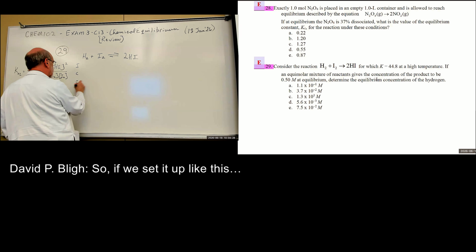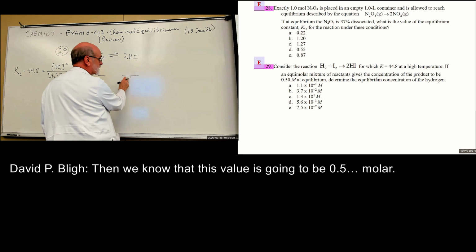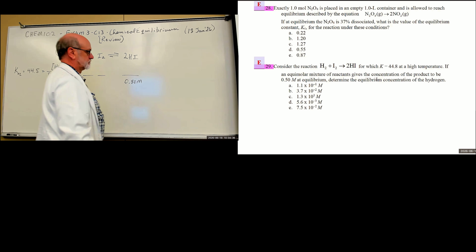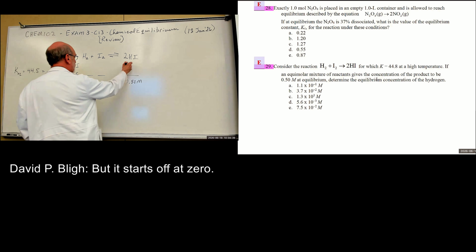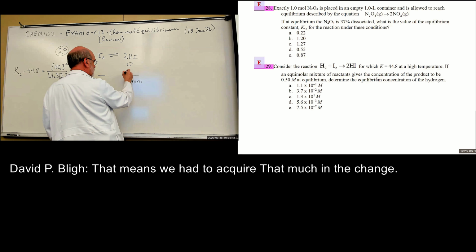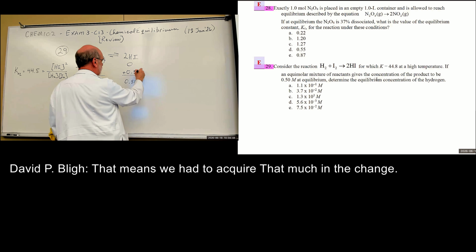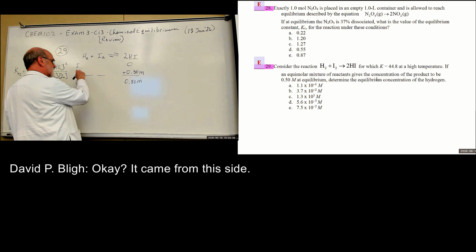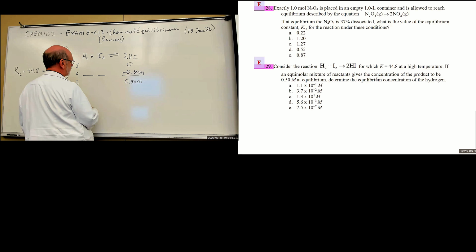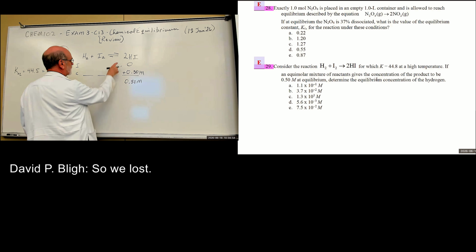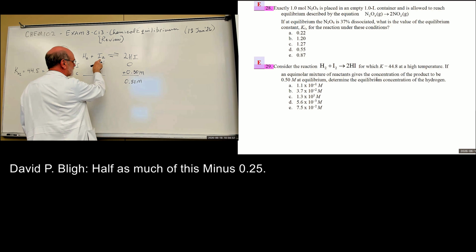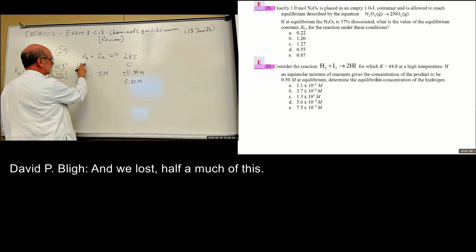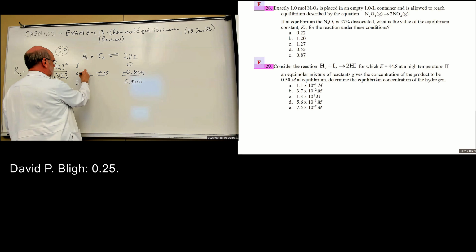If we set it up like this, then this value is going to be 0.5 molar, but it starts off at 0. That means we had to acquire that much in the change. It came from this side, so we lost half as much of this, minus 0.25, and we lost half as much of this, 0.25.